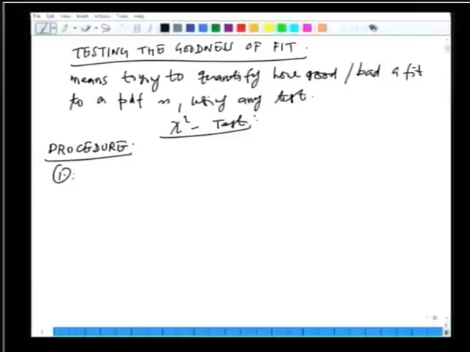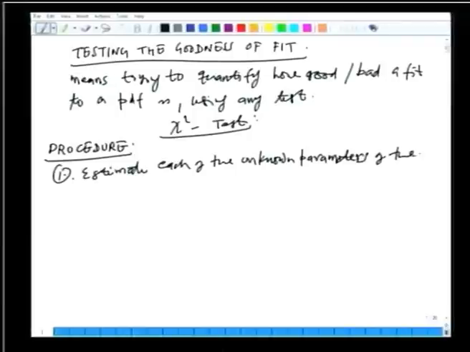The first step is we estimate each of the unknown parameters of the assumed distribution.